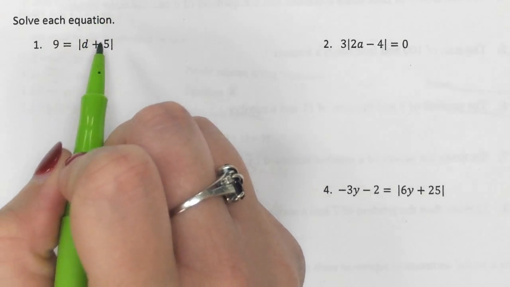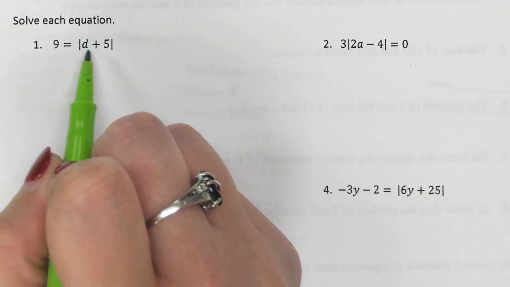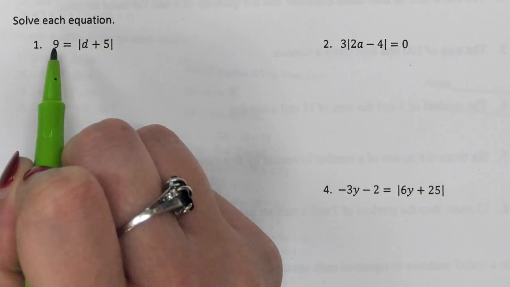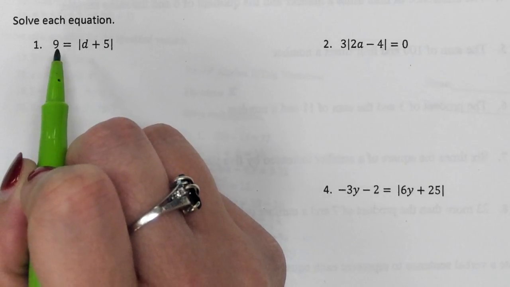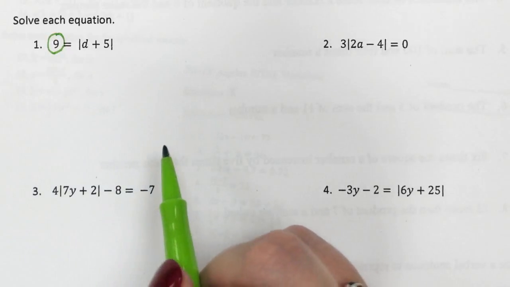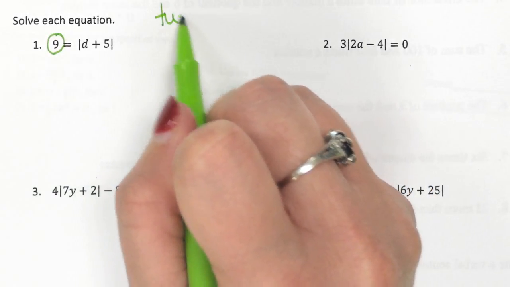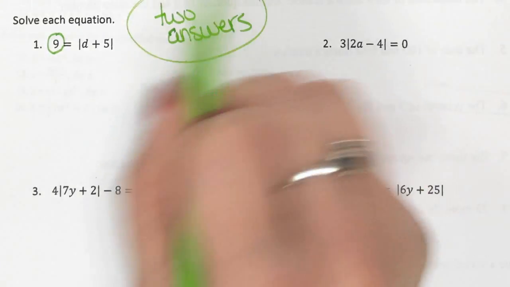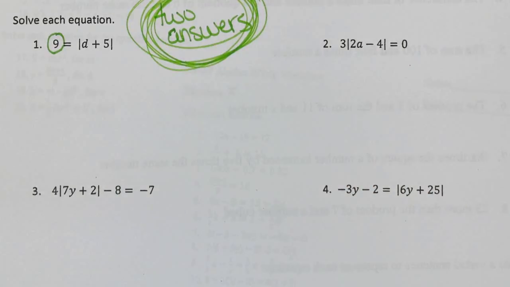So look, what happens if I get a number inside of here that's negative? It's still going to equal positive 9, right? Okay, so whatever your outside number is, what's my outside number here? 9. Okay, so we are always going to get 2 answers when we have absolute value.